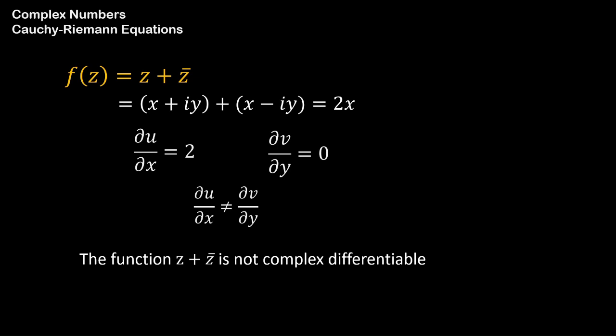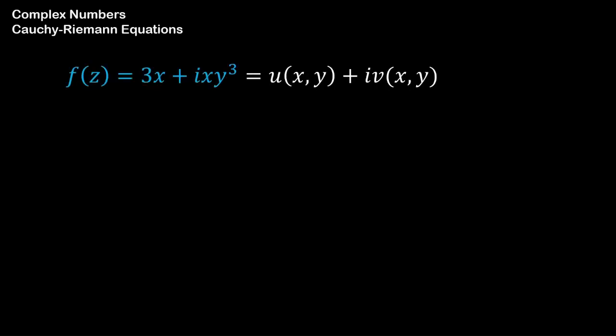Let us try f of z given as 3x plus i x y cubed. As you can see, this is in the form u as a function of x, y, and iv as a function of x, y as well. So we can directly apply the partial derivative. Taking the partial derivative of u with respect to x, that would be equal to 3.